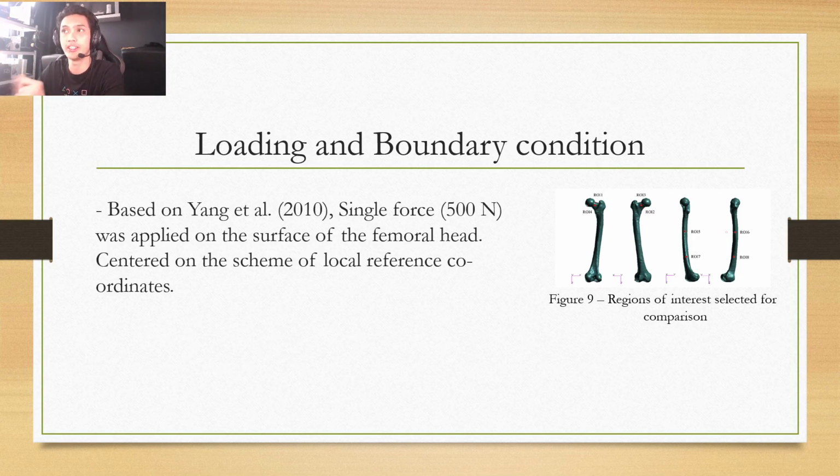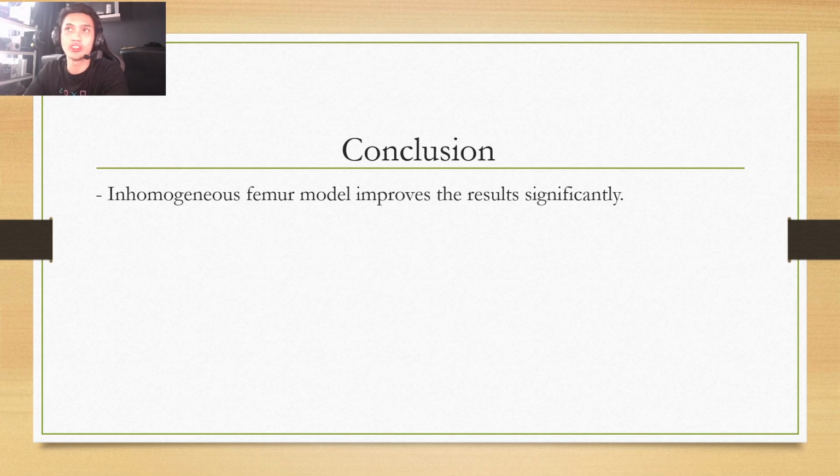The last one is my conclusion, which is that the inhomogeneous femur model improves the result significantly. As we can see from my research, inhomogeneity is important for any experiment or medical study, because an inhomogeneous model consists of many regions, so we can take more average values or results to compare with other results, so that we can have the exact or correct value to perform any experiment.